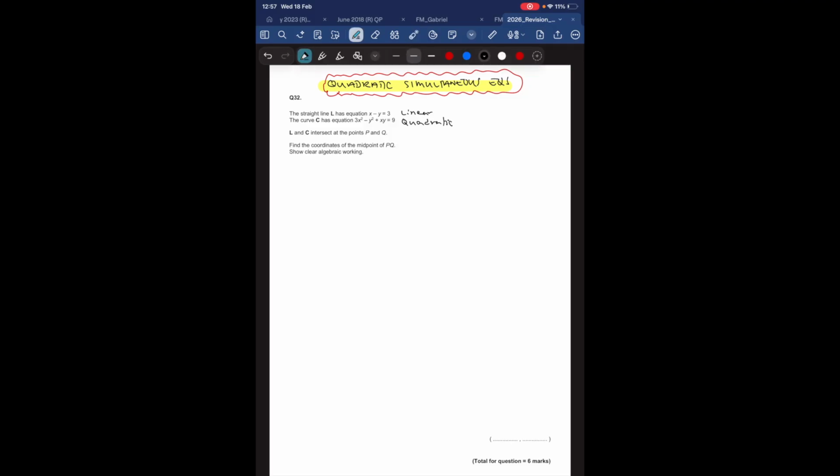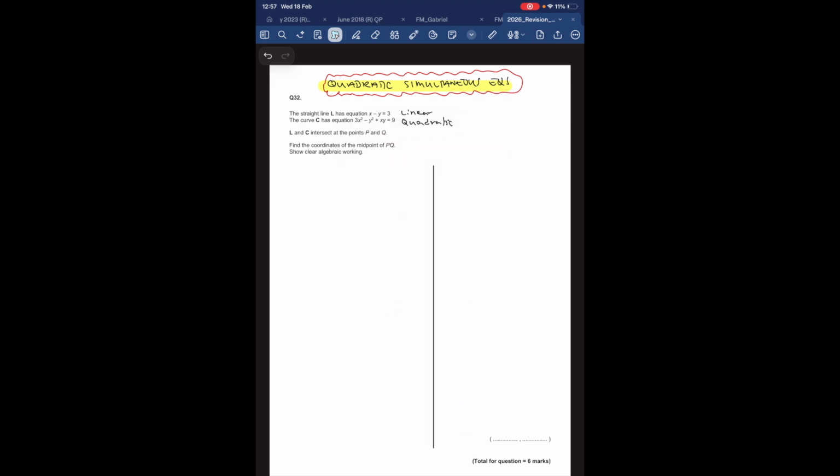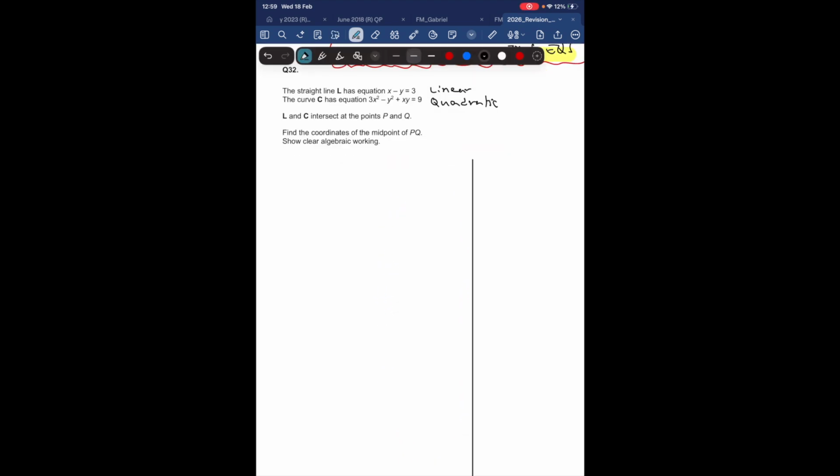So the first thing we're going to do, we are just going to draw a column line going all the way down, just to separate out our work. So I'm just going to move this a little bit to the right. So we start with the linear equation. Step 1, we write down the linear equation, x minus y equals 3.